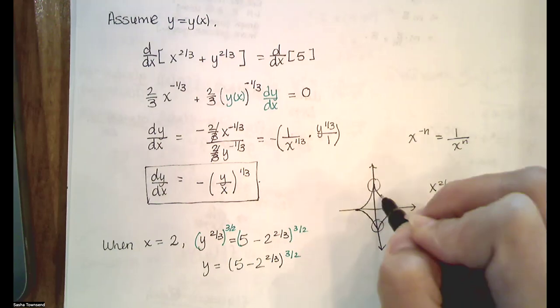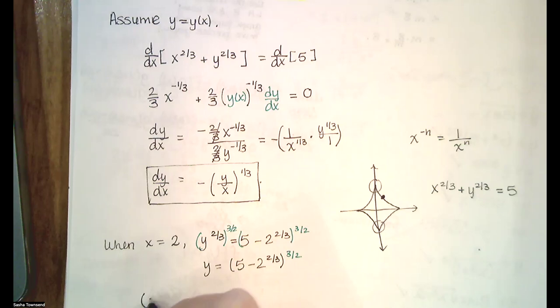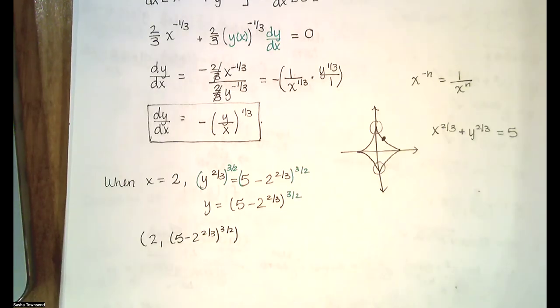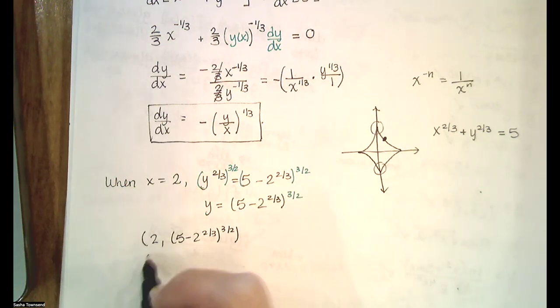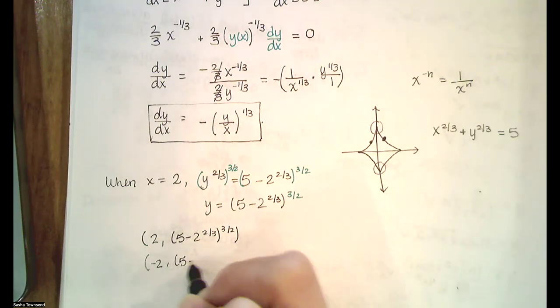So we're going to have a point essentially right there. That's one point on the curve. And then because of symmetry, we'll have the opposite x value and the same y value.